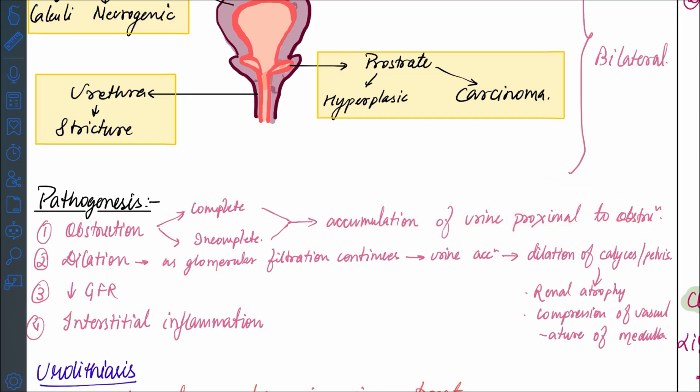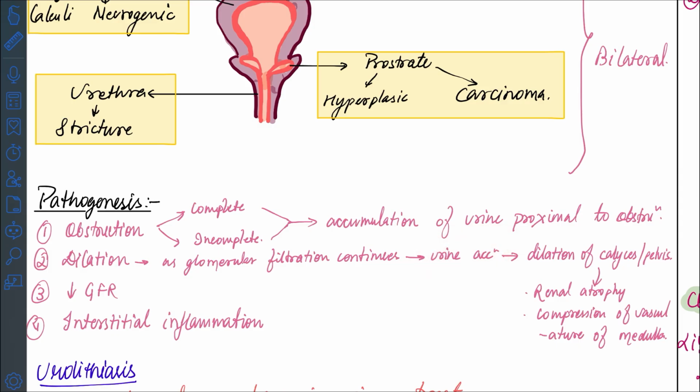This obstruction of the pathway can lead to dilation, as even though there is obstruction, the kidney has not stopped functioning, so the glomerulus is going to continue filtration. The glomerulus is continuing to filter, but there is obstruction, right?